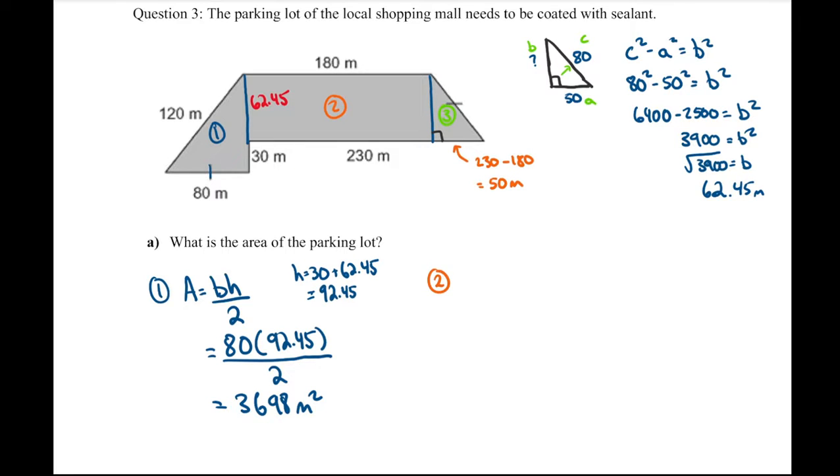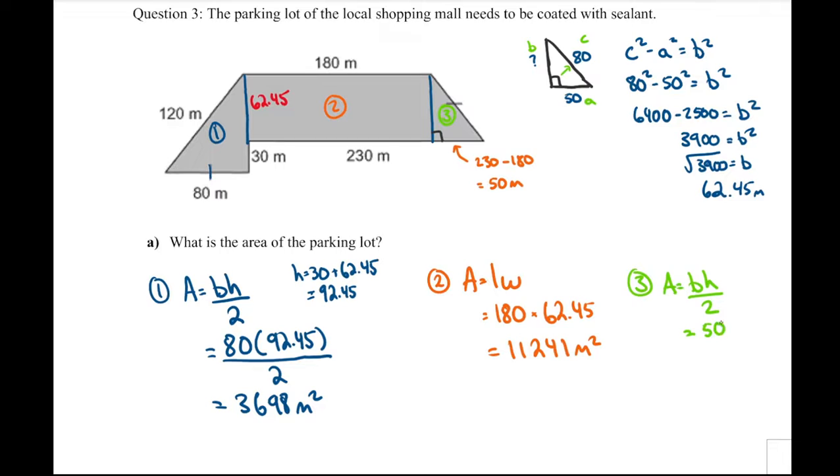For the second object, here we have our rectangle. So the area is going to equal length times width. Our length we could say is 180 multiplied by our width, which we have calculated to be 62.45. So 62.45 times 180 equals 11,241 meters squared. And then finally, our last shape, again another triangle, so base times height divided by 2.